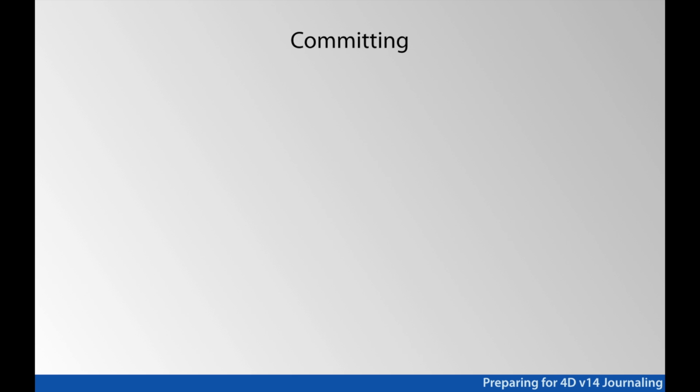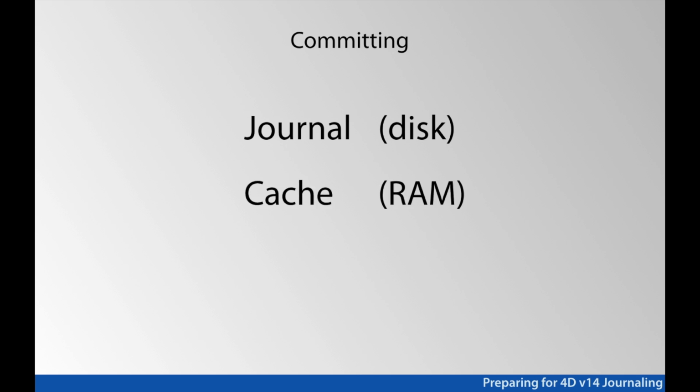One of the most important things about the journal is how it's written to. So in general, 4D has three ways of writing changes in a database. The journal is one, and that lives on the disk. The cache, the database cache, is another, and the cache is in memory. And finally, the data file itself, which is also on disk.